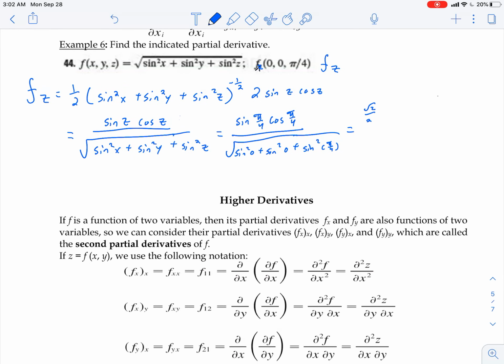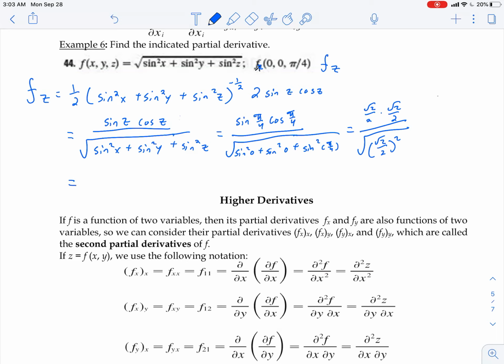Well, sine of pi over 4 is just square root 2 over 2, times square root 2 over 2, over 0 squared plus 0 squared plus square root of 2 over 2 squared.